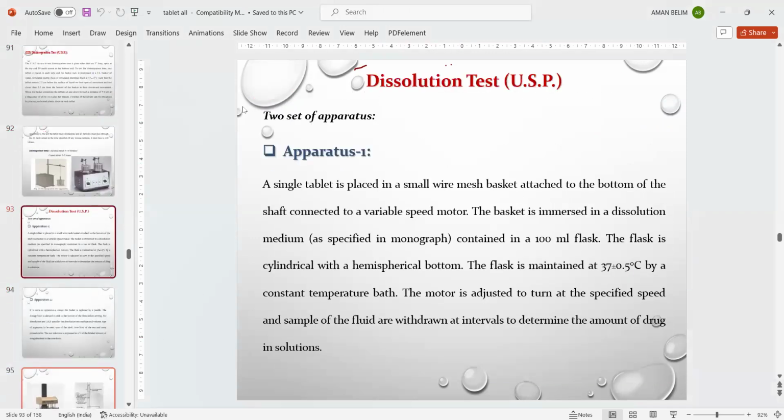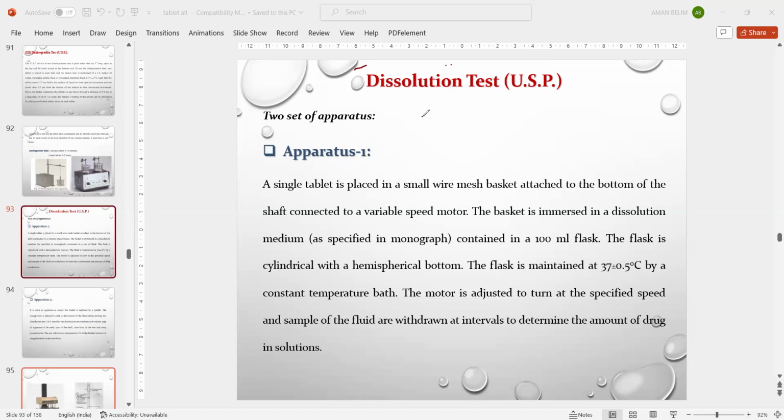Now, very important. Can you tell me the name of USP apparatus one, and the name of IP apparatus one? Dissolution apparatus. How many different types of dissolution apparatus are available in IP and USP? Yes, seven.